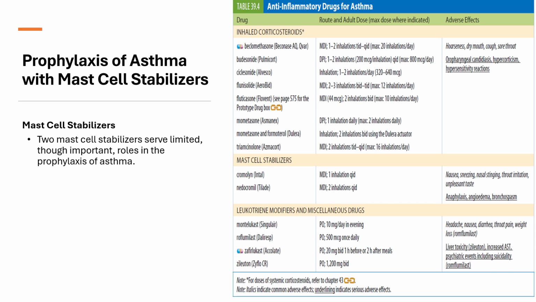Via an MDI or a nebulizer, cromolyn is indicated for asthma prophylaxis. An intranasal form, Nasalcrom, is used in the treatment of seasonal allergic rhinitis. An ophthalmic solution, Crolom, is used to treat various allergic disorders of the conjunctiva.